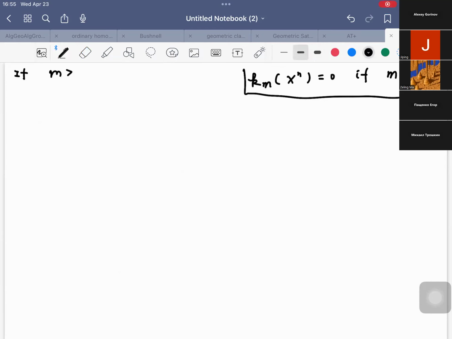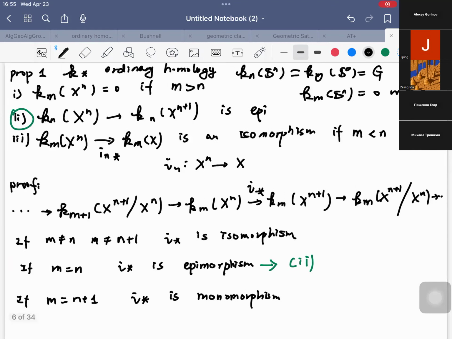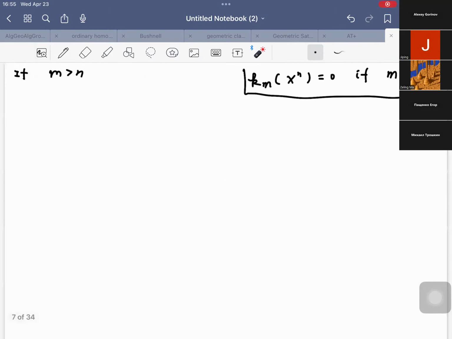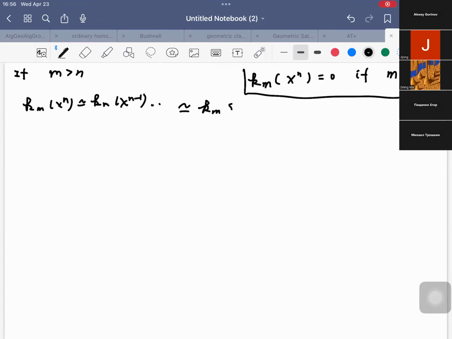If m is larger than n, then by the a star, which is an epimorphism, we can get the isomorphism K_m X minus one, isomorphic to K_m, and this is equal to 0.